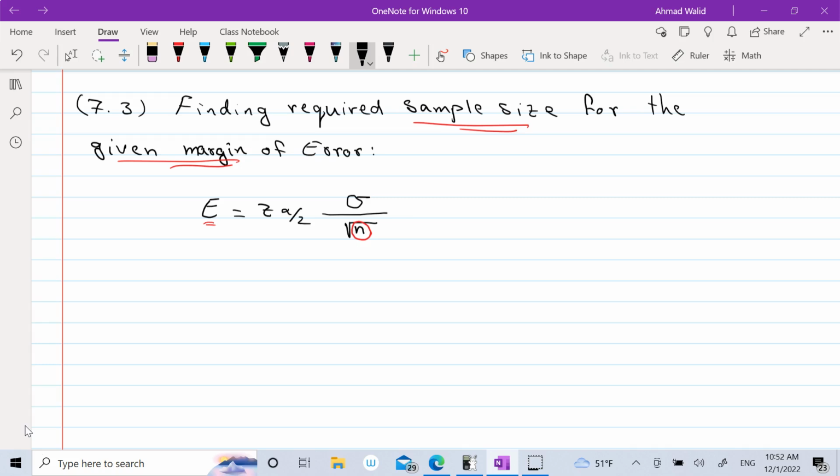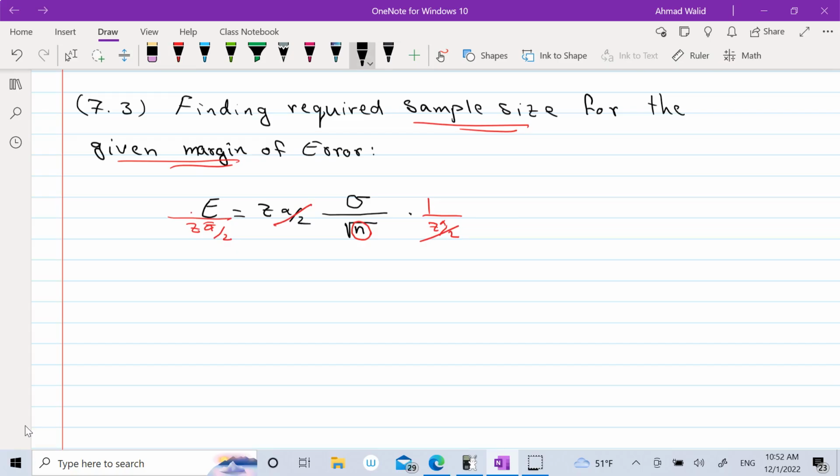To do so, I will multiply first both sides by 1 over Z alpha over 2, or simply I can say divide by Z alpha over 2. These two cancel out.